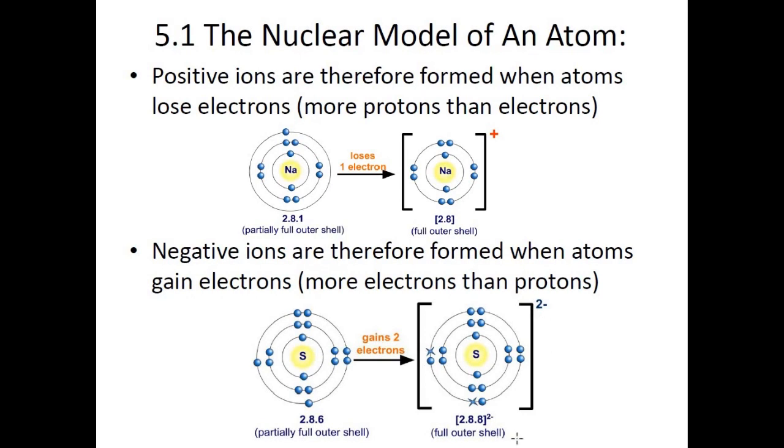Now in order to become stable, it has gained 2 electrons from some other atom, and now it is having 18 electrons and 16 protons. So if you do minus 18 plus 16, you are going to get -2, and that is the charge on this sulfur ion.